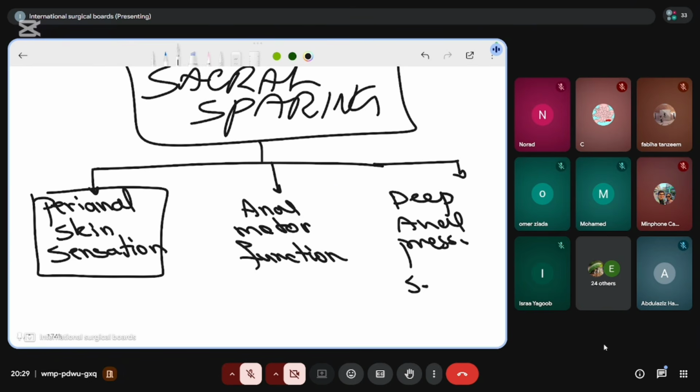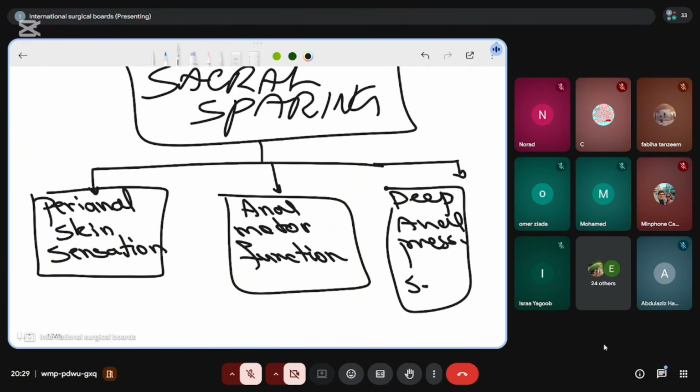Perianal skin sensation is simple: right at the anal verge, you touch and check if the patient can feel that. Anal motor function is simple: you put your finger inside and ask the patient to squeeze. If they are able to squeeze, it means voluntary anal function. And deep anal pressure: when you put your finger in the rectum and put some pressure on the rectal wall, the patient can feel that.